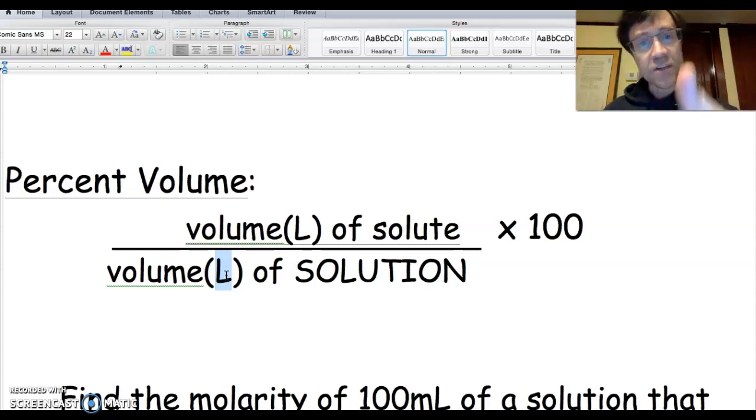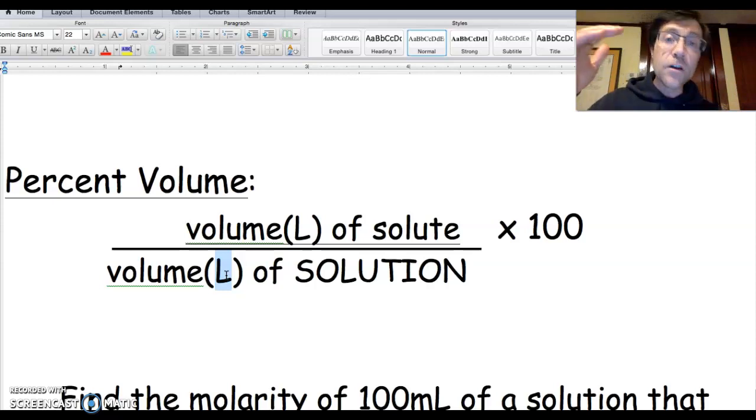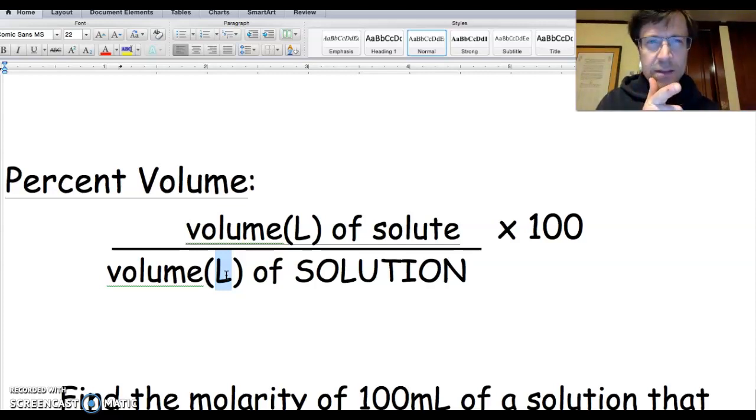Percent by mass is literally the mass of the solute divided by the mass of the entire thing. You're just doing a percentage by mass. And then percent volume down there is literally percent composition just with volume. So it's like the volume of your solute divided by the volume, in this case the whole solution, times 100. Are you good? You guys following me on this one?